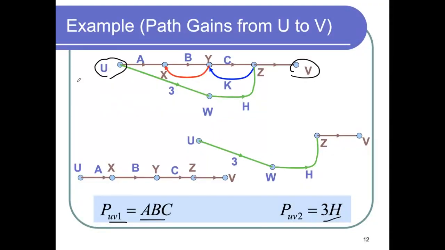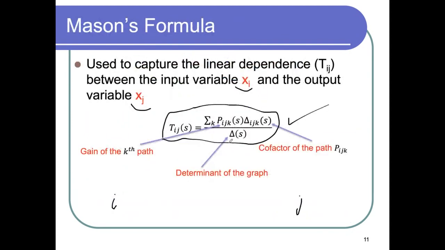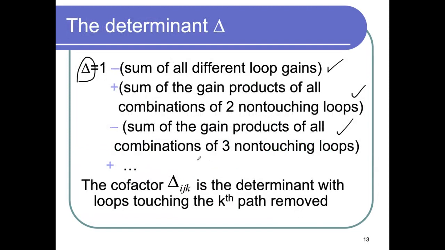If you have two paths, then this summation will have k equal to 1 and k equal to 2. For every path, you have a gain, Pijk, and you have a cofactor. You sum everything and divide by the determinant of the entire graph. And we will talk about what is the determinant or what is the cofactor, and we mentioned what is the path gain, but we will go through it again.